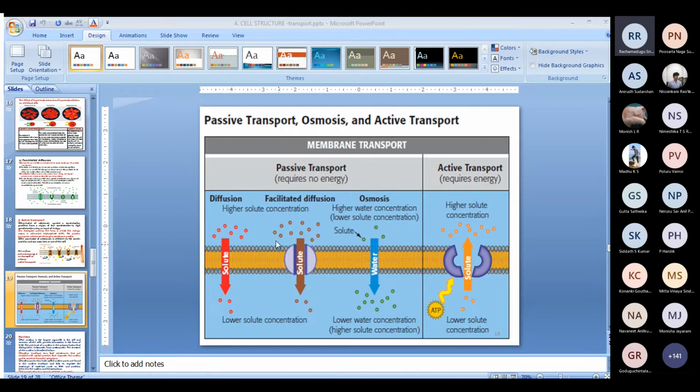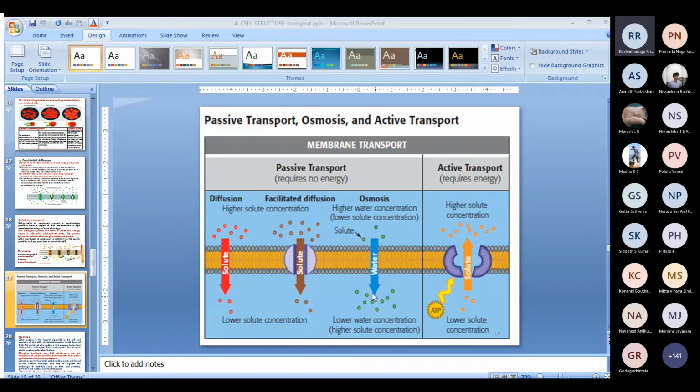Remember, for diffusion and facilitated diffusion, this region is higher solute concentration and lower solute concentration. But for osmosis, they have mentioned lower solute concentration, which obviously means water is more. So on this side water is more and here water is less, so obviously there will be a movement of water across the membrane.